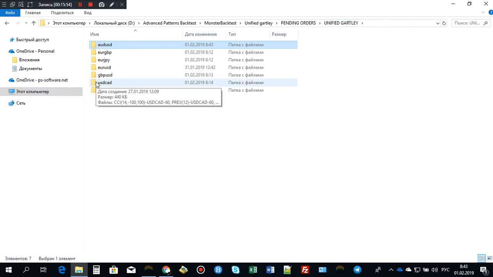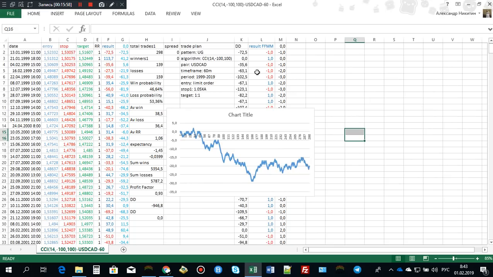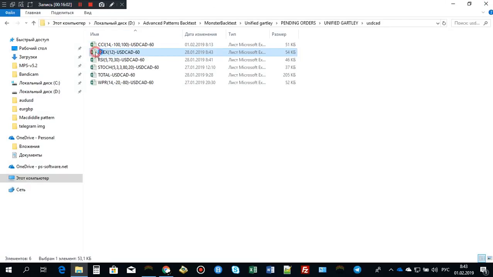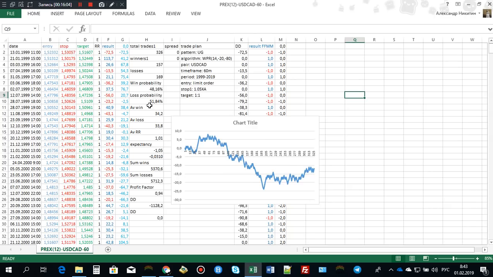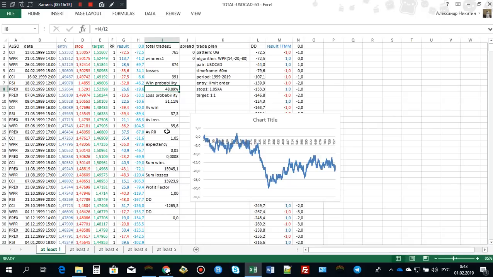Dollar Canadian, I don't know. What is the result? So we have 46% if we choose them separately, each and every one, 48%, and so on. So let's go straight to the total and see how this obvious rule affects the trading.